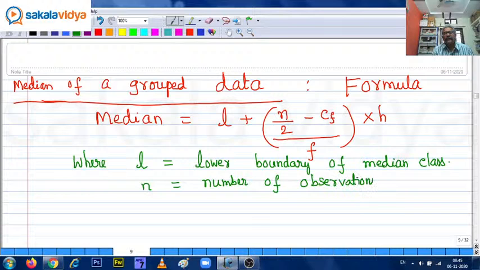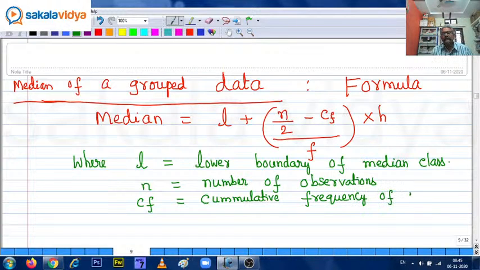CF is cumulative frequency of the class preceding the median class. That means before the median class.